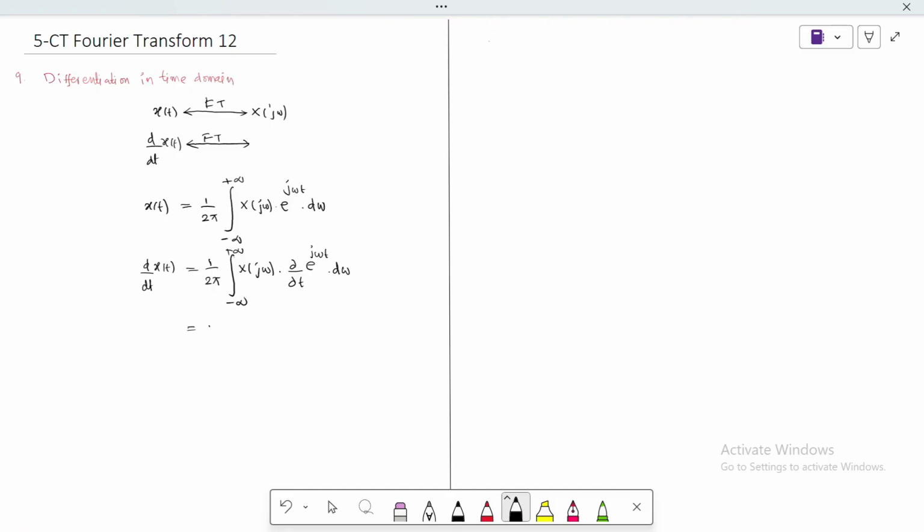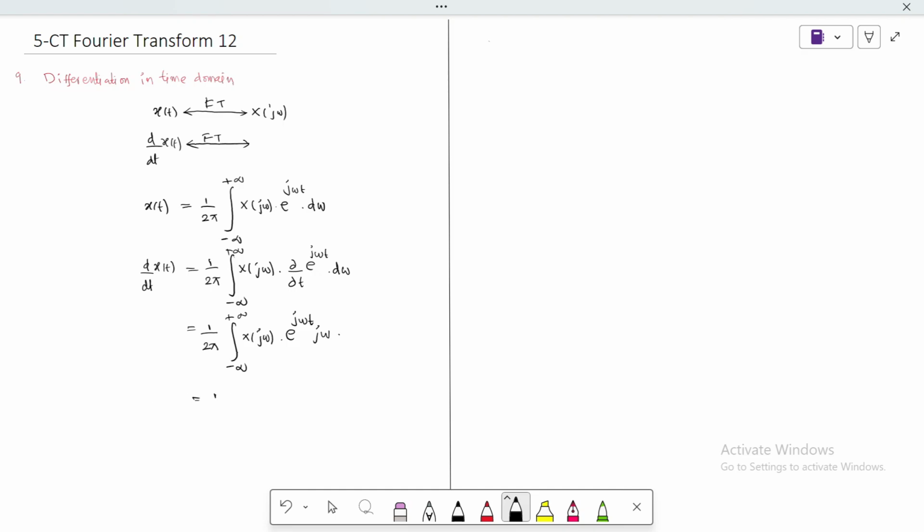So 1 by 2π integral from minus infinity to plus infinity of X(jω), and differentiating e^(jωt) with respect to t, jω is a constant.